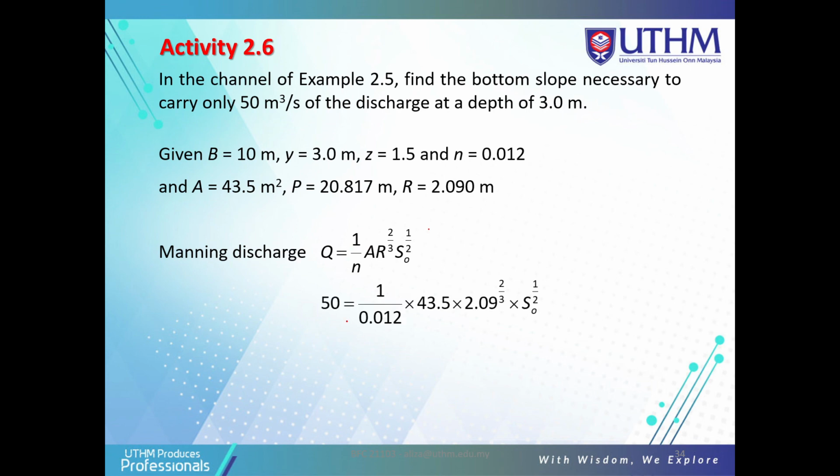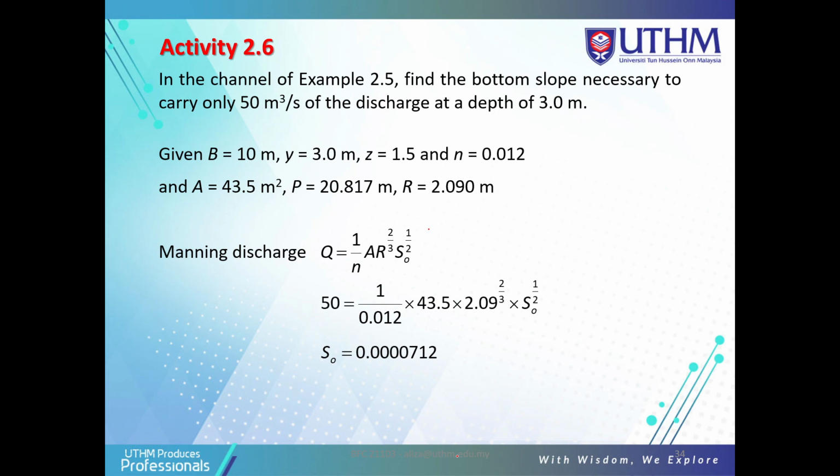You put the value of Q as given, because you want to find the bottom slope, the S naught. Bottom slope is the S naught here. So you get S naught is 0.00000712.